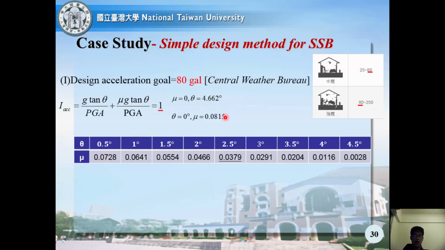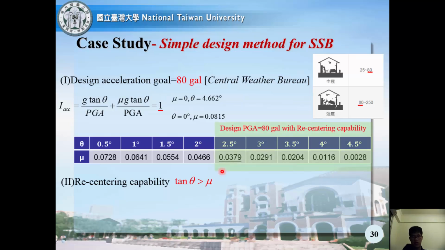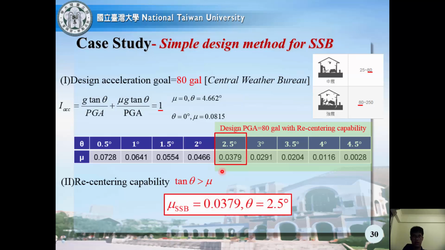Later on, we wish our system to have a recentering capability, so our system needs to satisfy the condition of tangent theta greater than mu, which may lead us to narrow down the design parameters. And in order to have a sufficient energy dissipation mechanism, we wish our friction coefficient to be larger. So finally we may get our design parameters for our SSB.